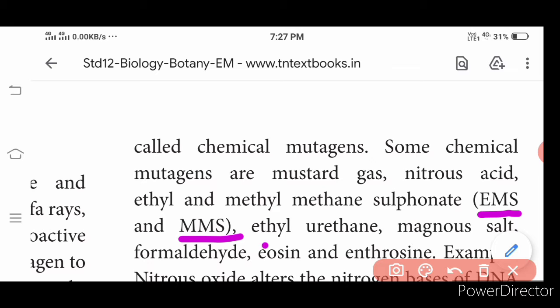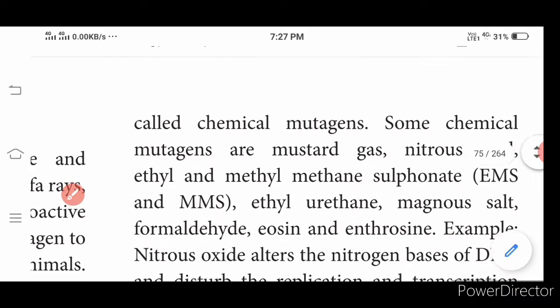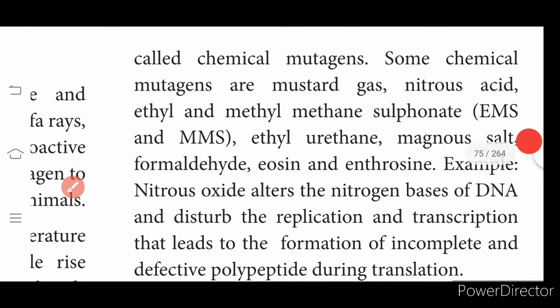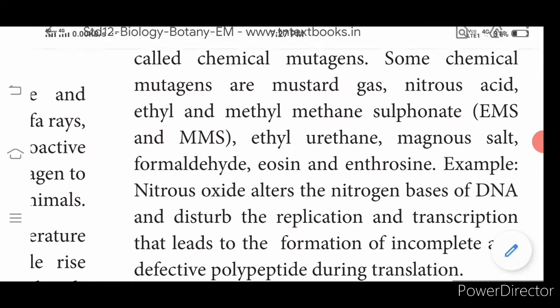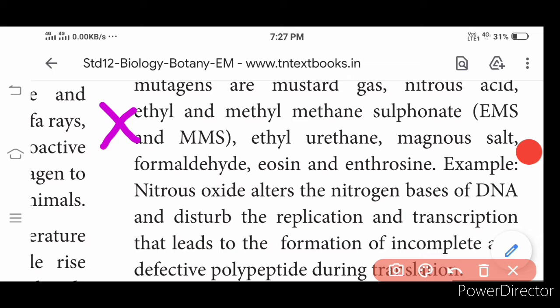Then ethyl urethane, manganese salt, formaldehyde, eosin, anthracene. These are all the chemicals which bring about mutation. This is one of the important questions: these are all the names of the chemical mutagens.